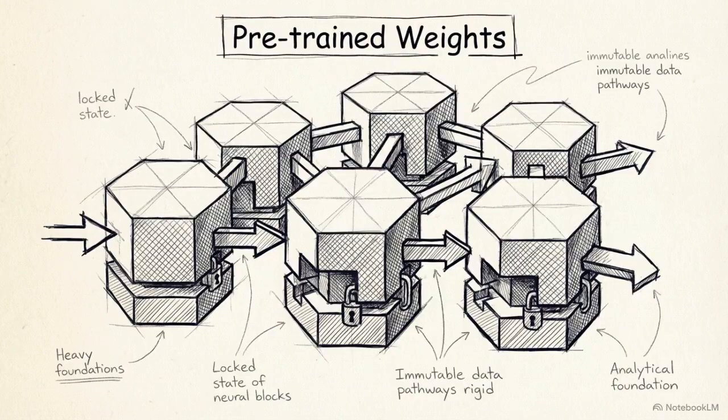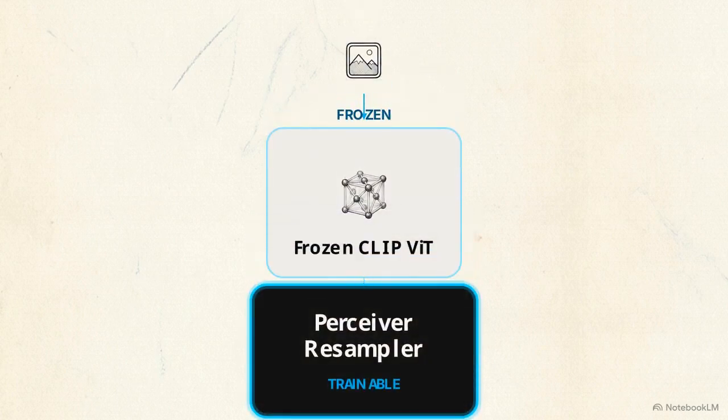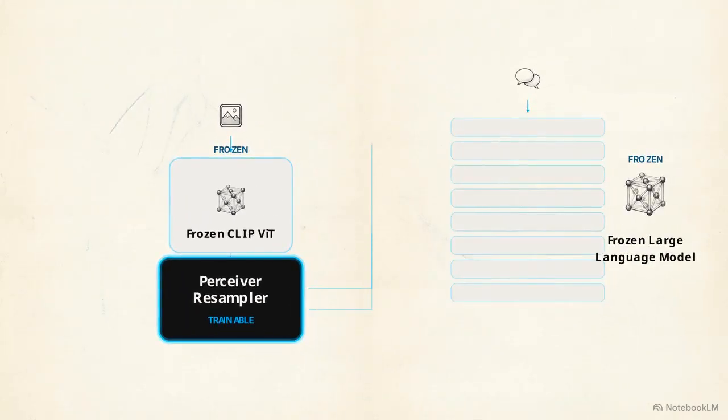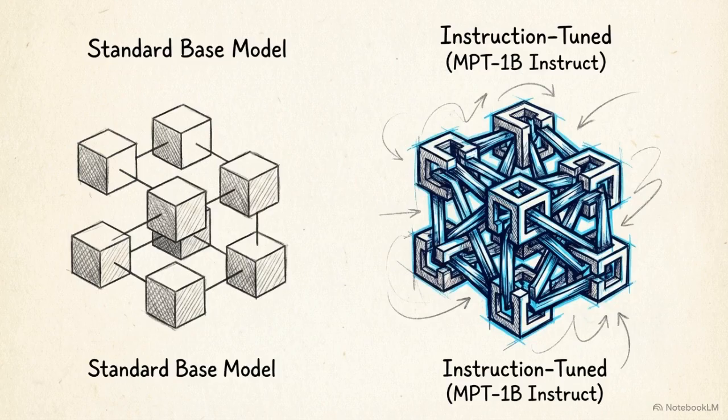Instead, it preserves the pre-trained representations of existing foundational models. During extraction, a frozen CLIP vision transformer extracts image patch features, feeding them into a trainable perceiver resampler. Running parallel is a frozen language model. Trainable cross-attention modules bridge them, inserted every fourth layer to inject visual context. The researchers tested different text backbones, including standard base models and instruction-tuned variants like MPT-1B Instruct.